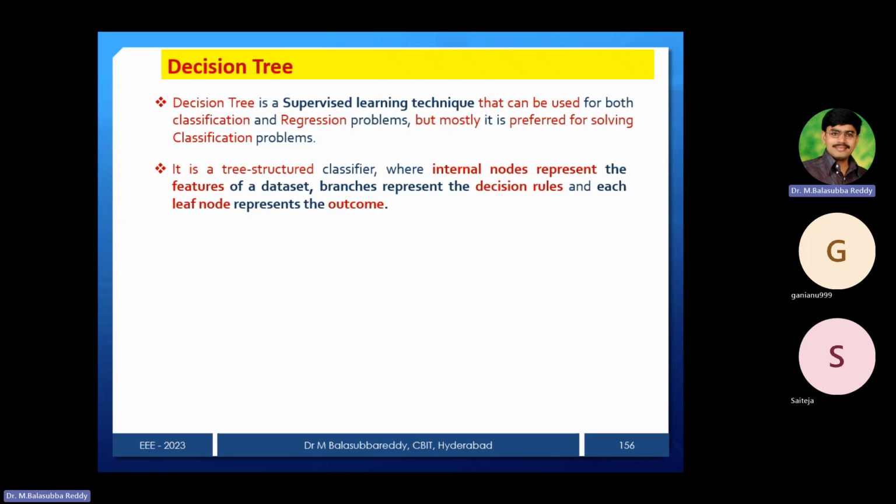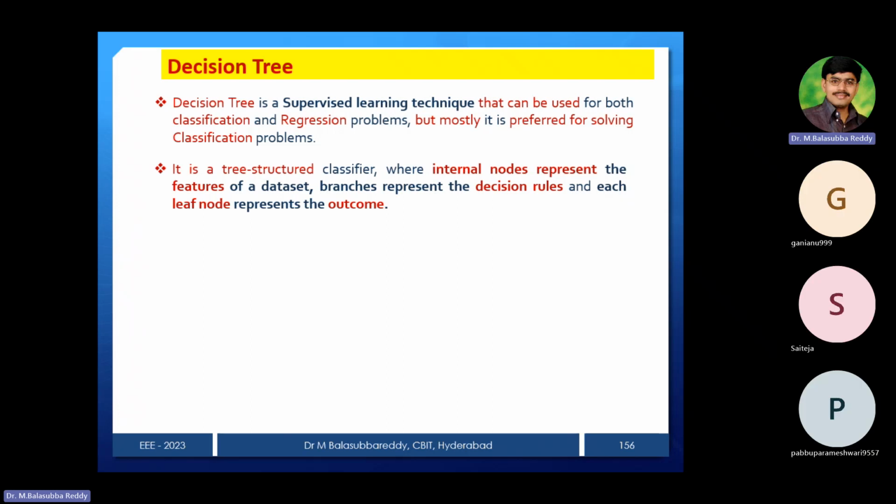It is a tree-structured classifier. The internal nodes represent the features of the data set, the branches represent the decision rules, and each leaf node represents the outcome. So this is something like a tree fashion.